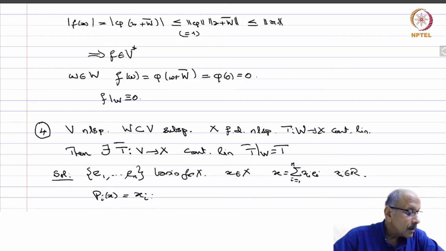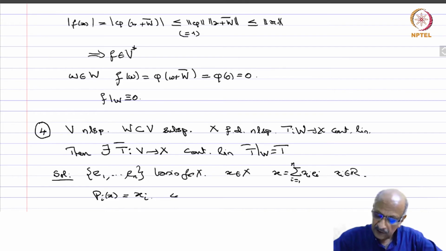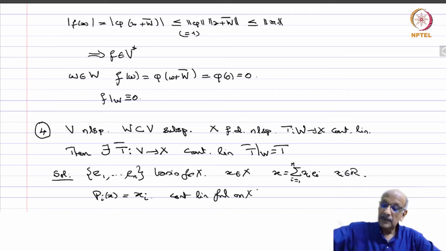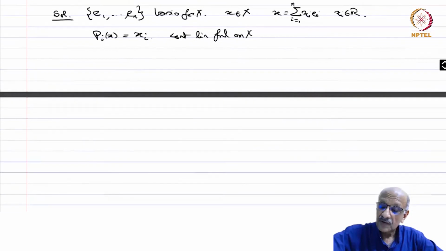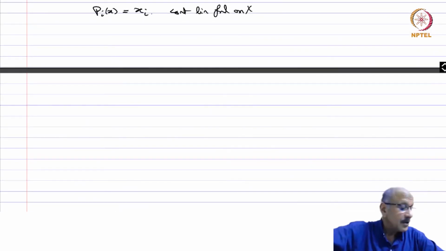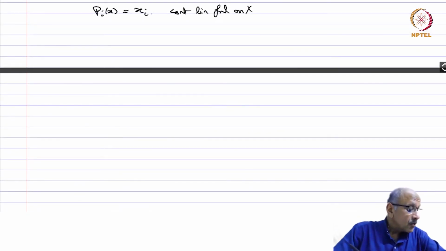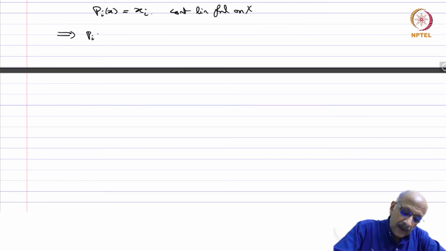Then this is a continuous linear functional. It's immediate to see. In fact, if you are finite dimensional, everything is continuous. Every linear map is continuous. So this implies pi composed with T, from W to R, is a continuous linear functional.